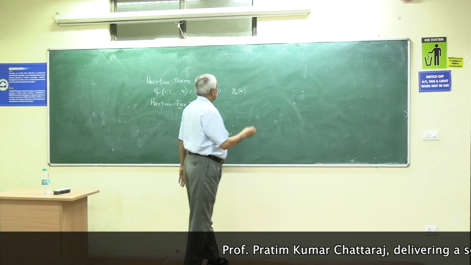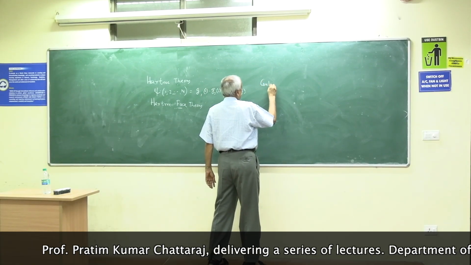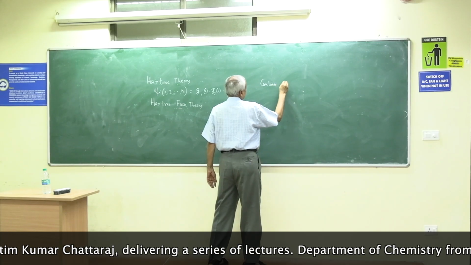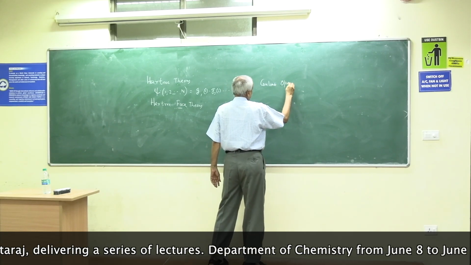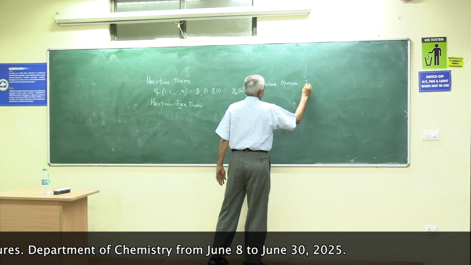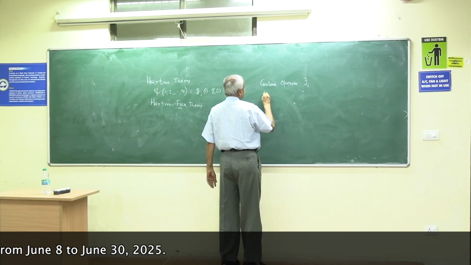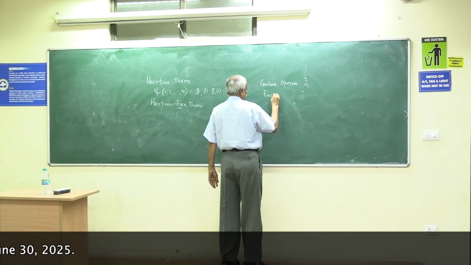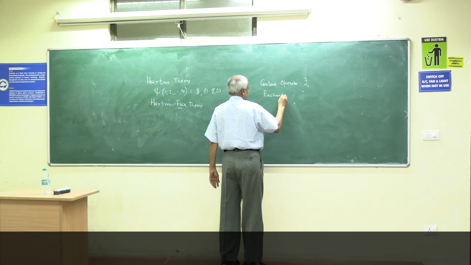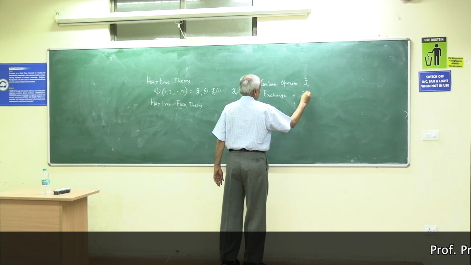So in the Hartree-Fock theory, you have a Coulomb operator, say J, and you have one exchange operator. I will tell you what exactly we mean by exchange later. So this is the exchange operator, something like Kj.